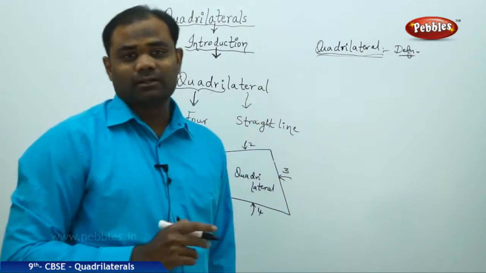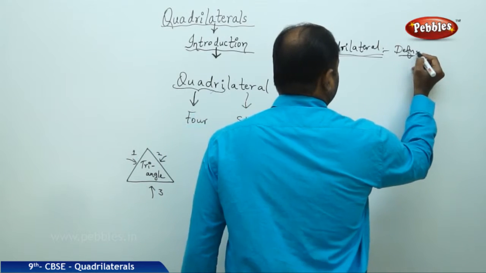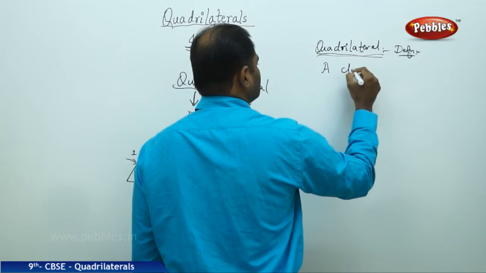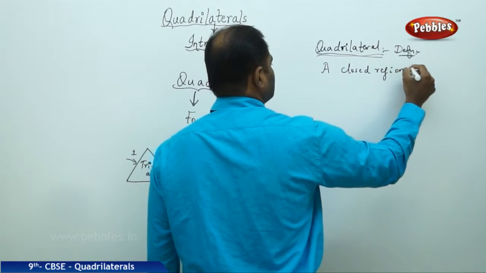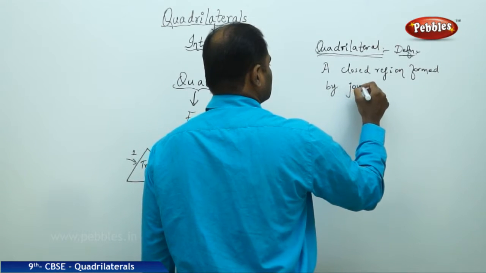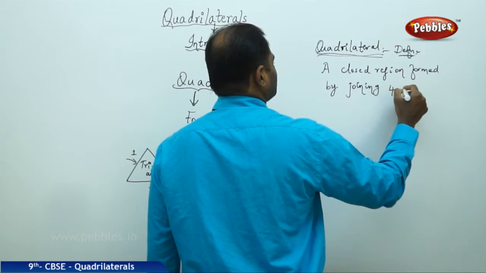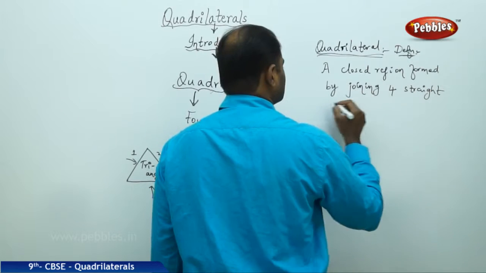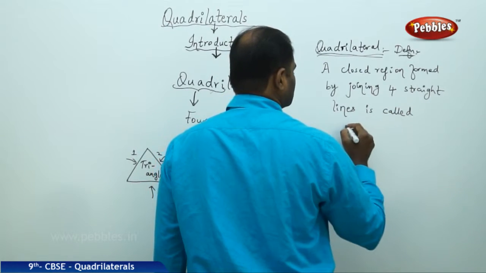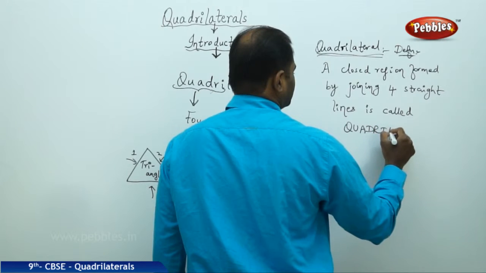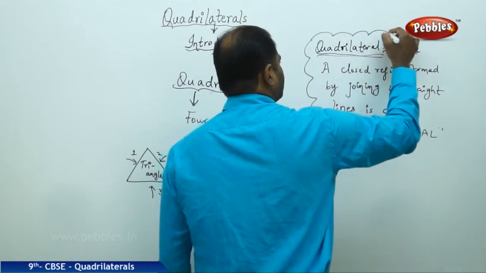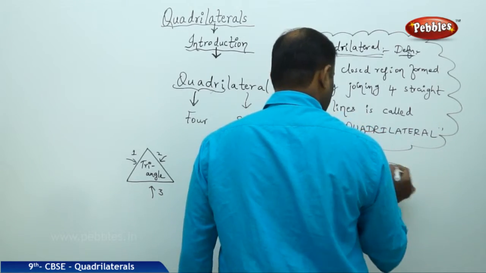So let's see how we can define quadrilateral in words. Quadrilateral, in definition: a closed region formed by joining four straight lines is called a quadrilateral. That is how we define quadrilateral.